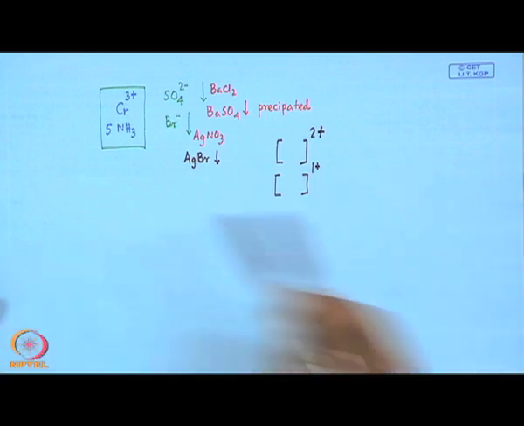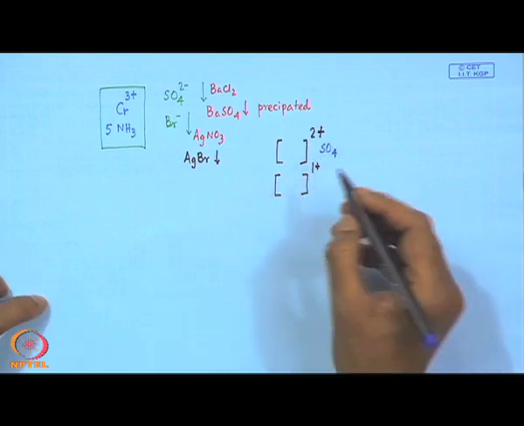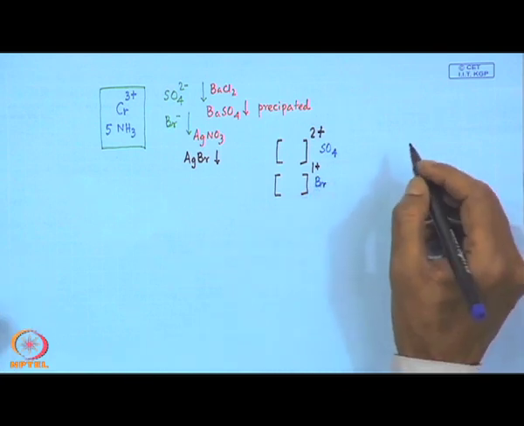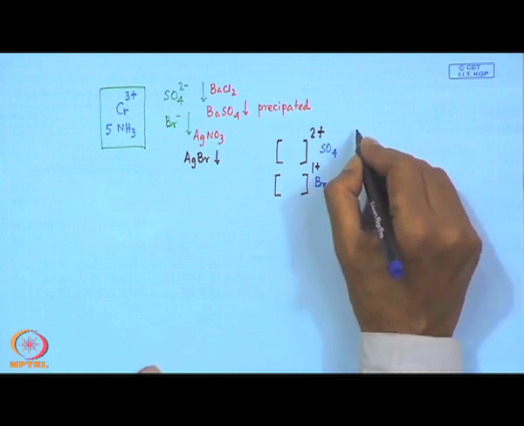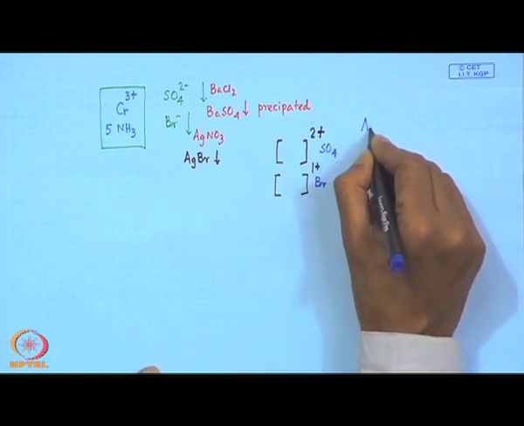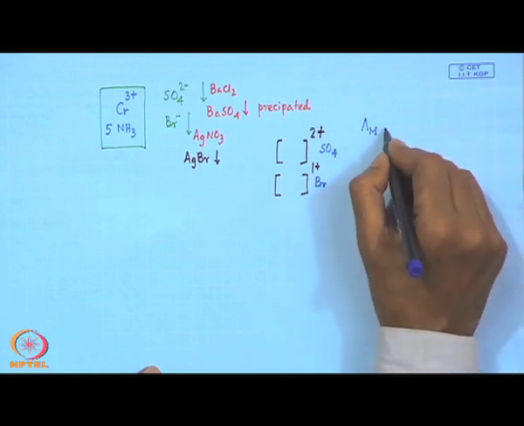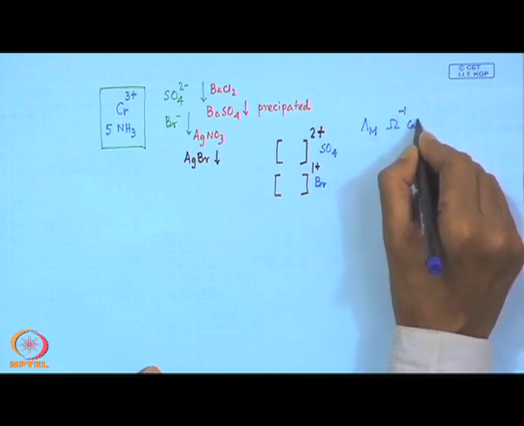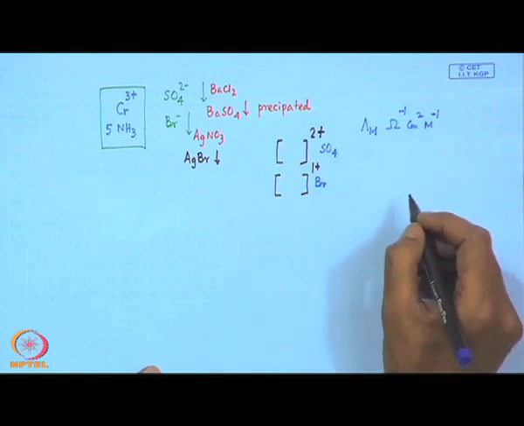That is why, when Br is inside we have the corresponding sulphate salt, and when sulphate is inside we have the Br salt. These two can be identified by measuring the solution electrical conductivity, which is determined in terms of ohm inverse centimeter square mole inverse.